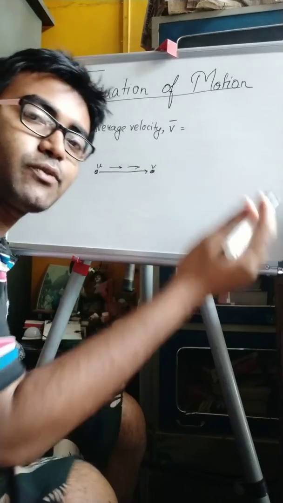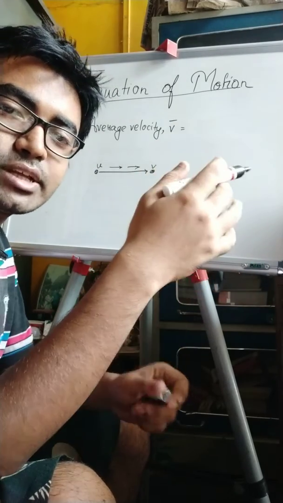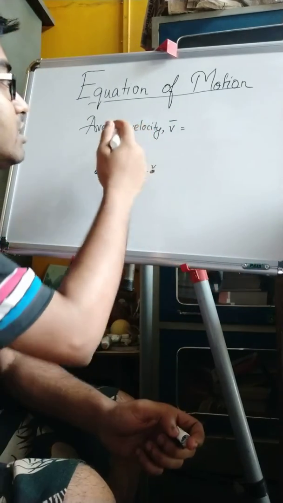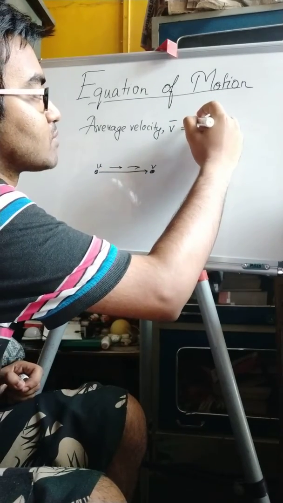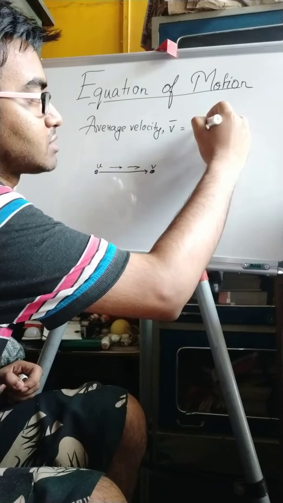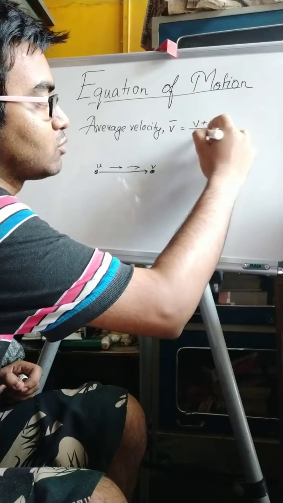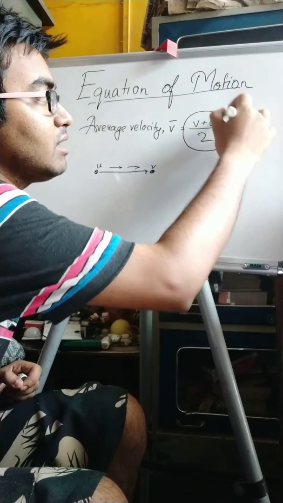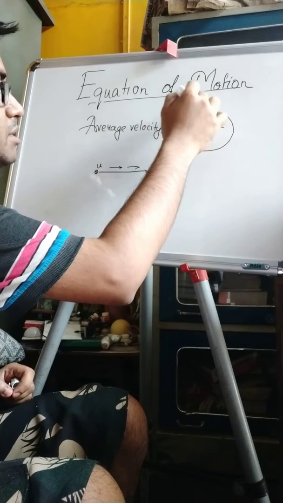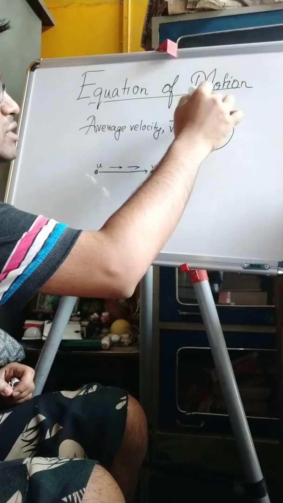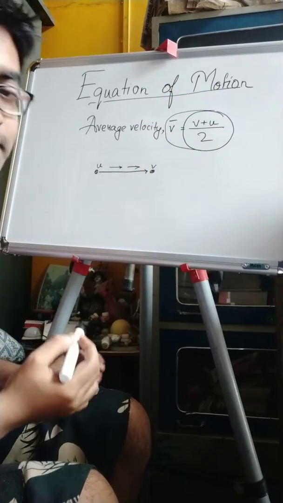So in a uniform way the velocity is increasing. So in this case we can denote the average velocity as the final velocity plus initial velocity divided by 2. We can give the arithmetic mean. We can represent the average velocity with respect to the arithmetic mean.